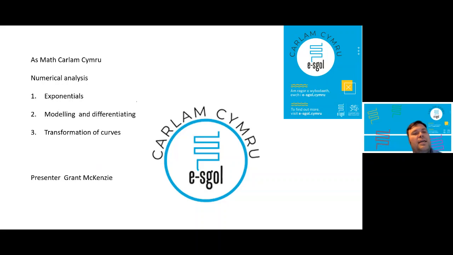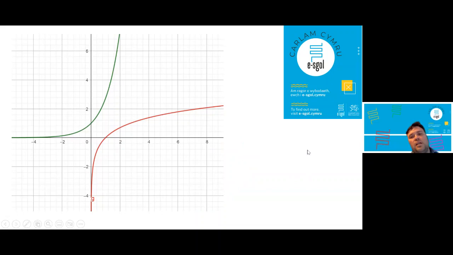So I'm going to look at exponentials today, modelling, differentiating with them, and then the back end will be transformation of curves. With regards to exponentials, I think it's important that you see what the sketch of it looks like. The one in green is your y equals e to the x. Now e to the x is a natural number.